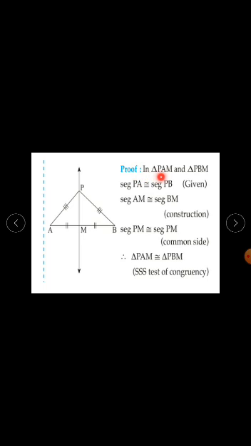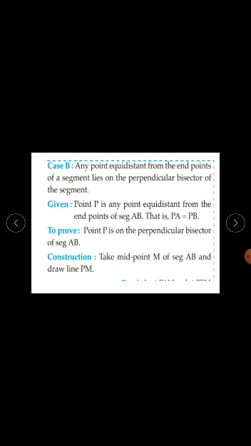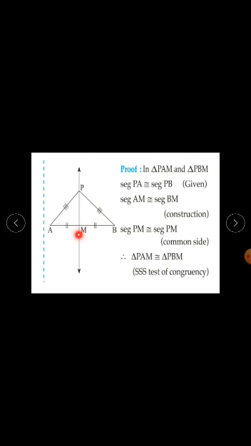Now the proof. In triangle PAM and triangle PBM, segment PA is congruent to segment PB, it is given. Segment AM is congruent to segment BM, by construction, because M is the midpoint of segment AB. Segment PM is congruent to segment PM, common side.